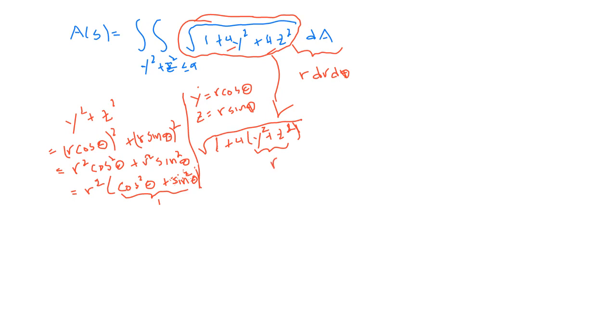So this is going to be r squared. So our new integrand is going to be the square root of 1 plus 4r squared, right? 1 plus 4r squared. You know what I mean. Are there any questions on that?